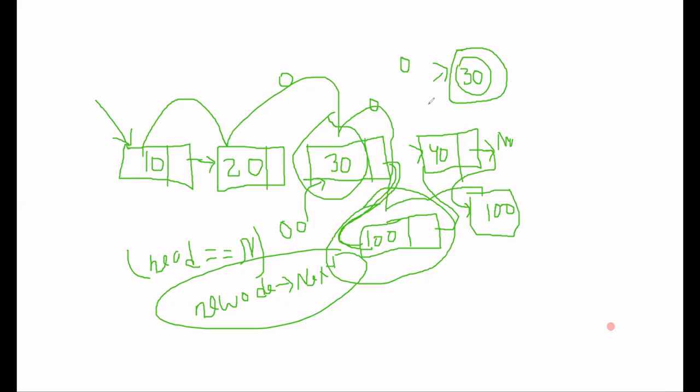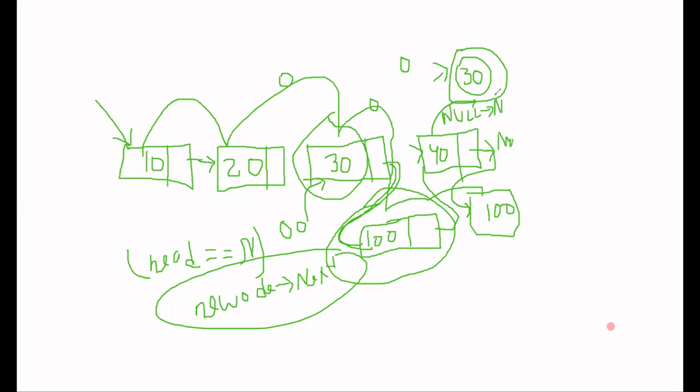So side by side we need to check: after 40, current will become current's next, so it will become null, because there is no node after 40. If we try to access null's data, because null is not pointing to anything, it will give us a segmentation fault, a runtime error.